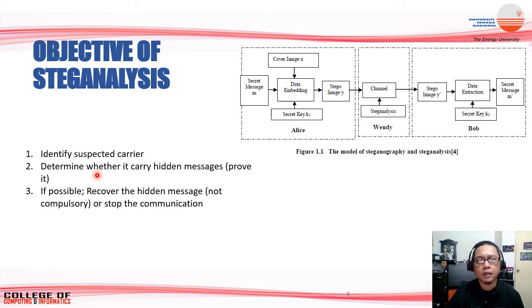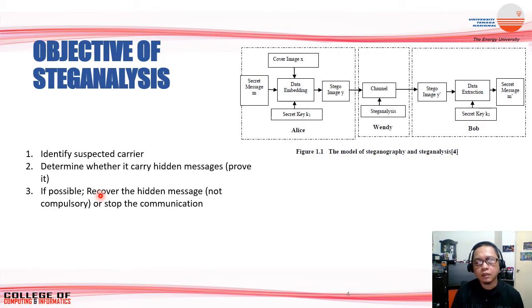That is where the third objective comes in: to recover the hidden messages. Perhaps you discover what is in the suspected carrier, but you cannot read it. So for this objective, you try to break the encryption and recover the hidden message.